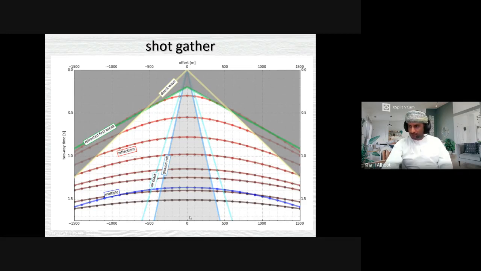So you were given one part only and you did your picking. You did manual picking, drawing straight lines. You can easily draw straight lines because the refracted energy is a straight line. The direct is also a straight line.